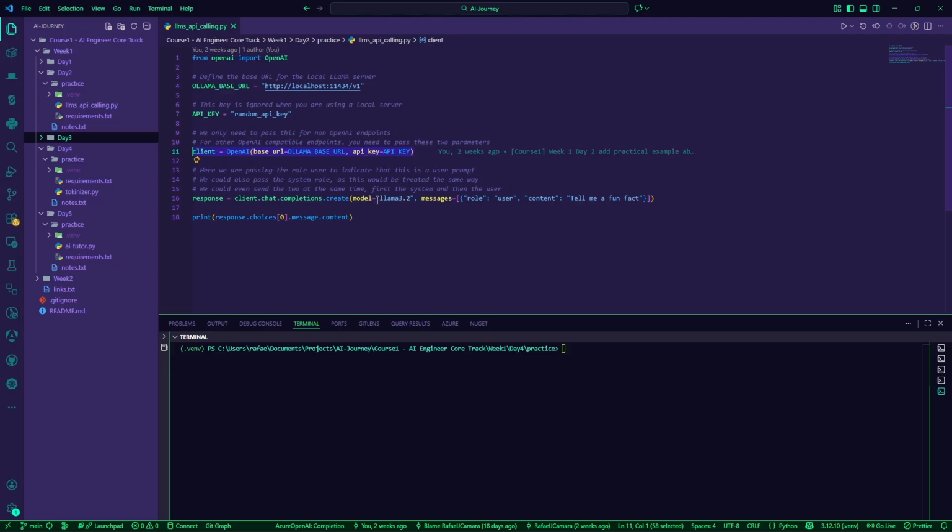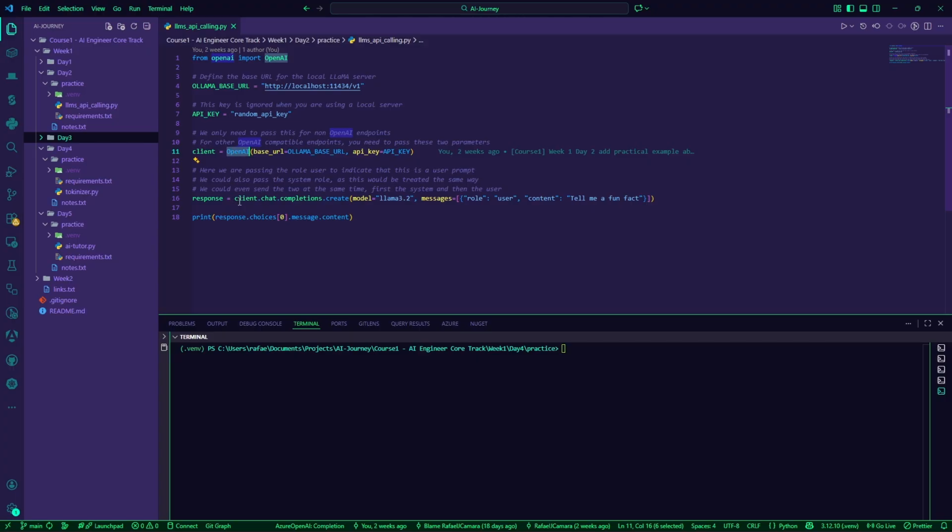And this is how you call a model. You have this client that you build, in this case OpenAI. As I said before, we still use OpenAI's package because they've extended it so that it's generic, anyone can use it, because their structure of input and output is super popular.